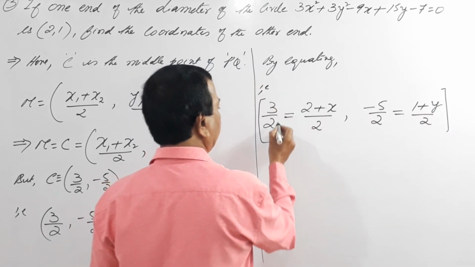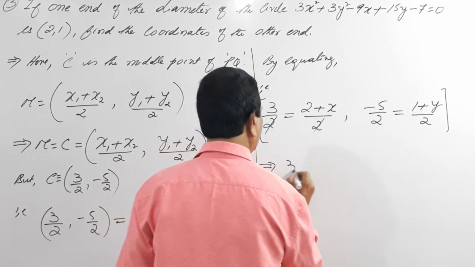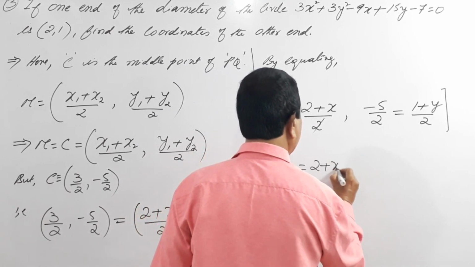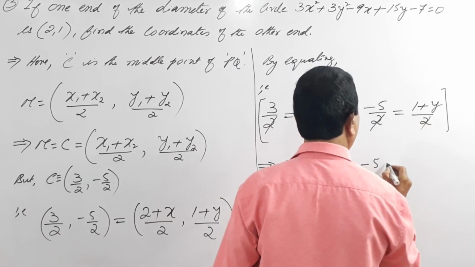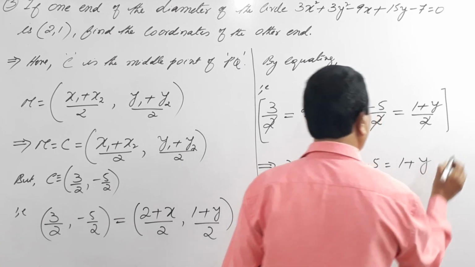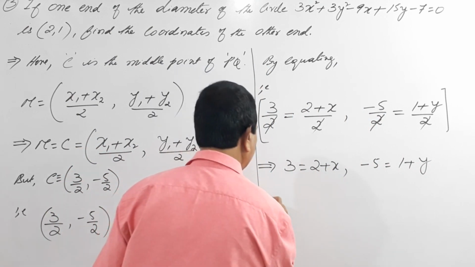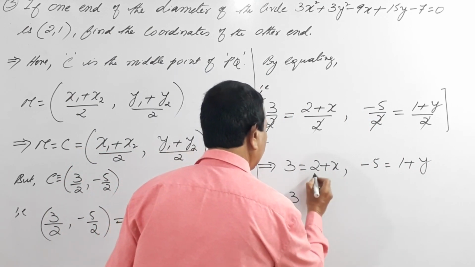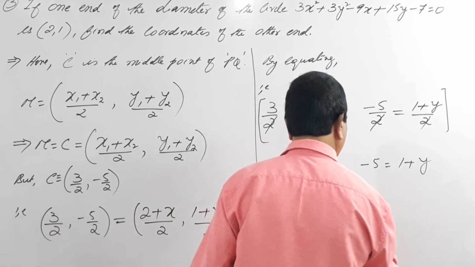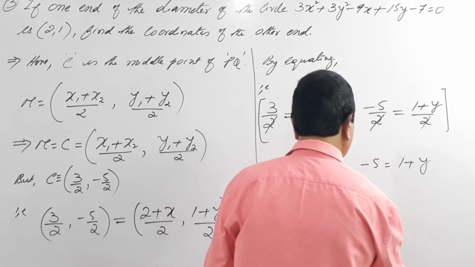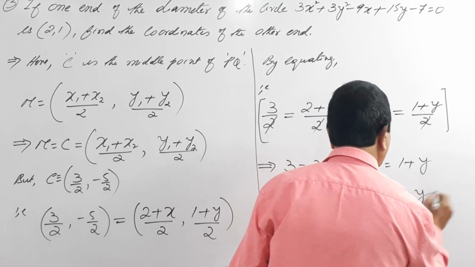Here, can I cancel this 2? Yes. So that becomes 3 equals 2 plus x, comma, this 2 and this 2 cancel. This becomes minus 5 equals 1 plus y. So we'll solve this. I'll send this to the left hand side. That becomes 3 minus 2 equals x, and minus 5 minus 1 equals y.